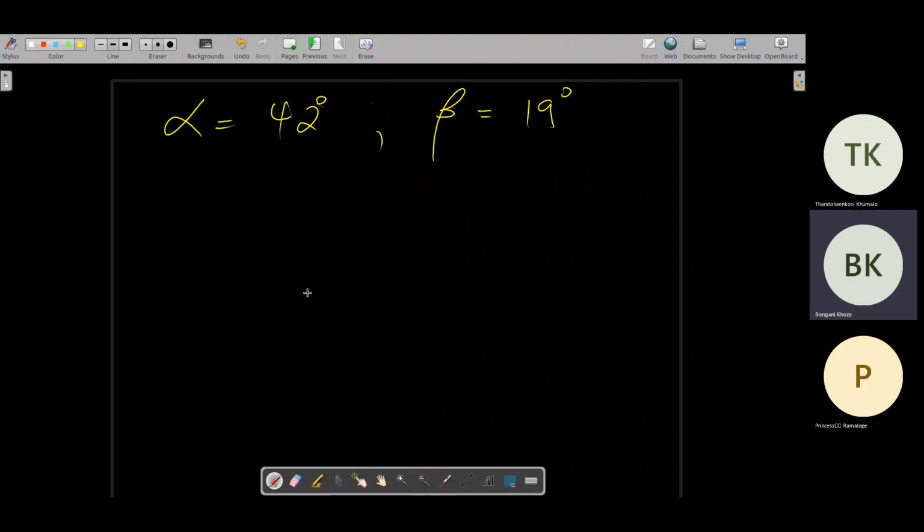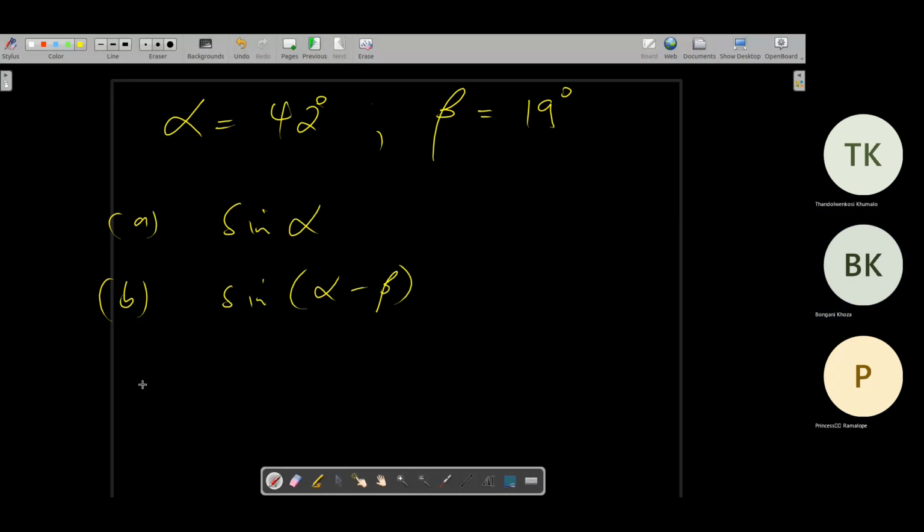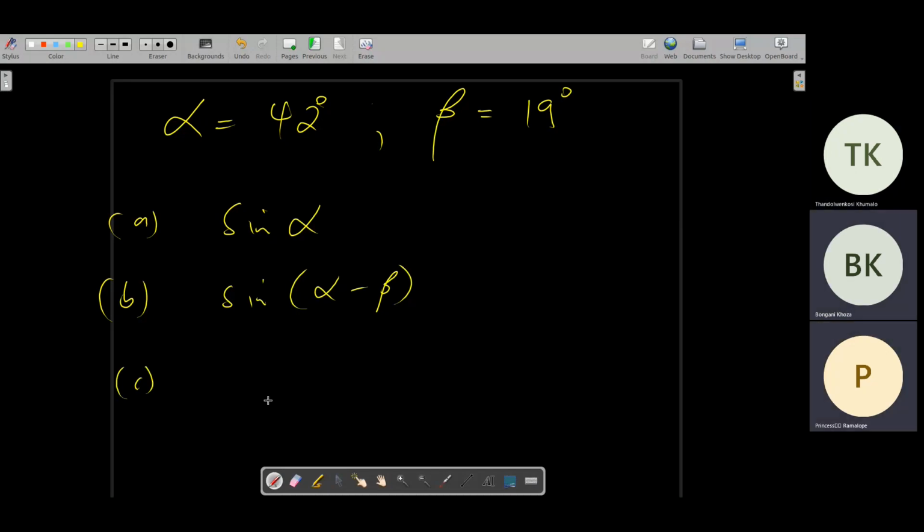And then we are supposed to give, let's say, sine alpha, sine of alpha minus beta, and then cos of beta over 2. So this is just a simple thing of substituting in it.